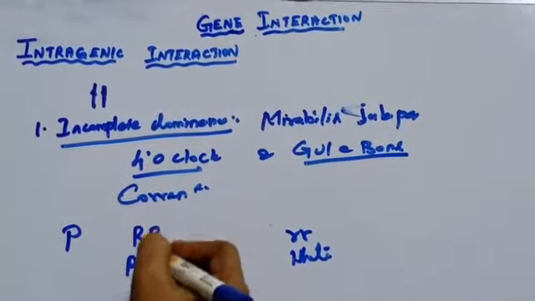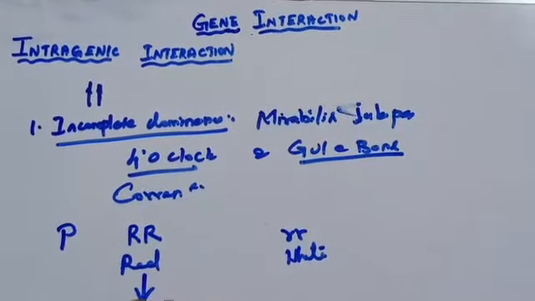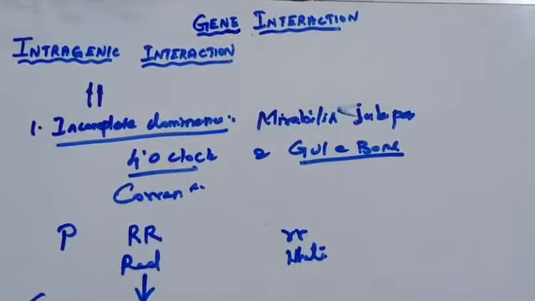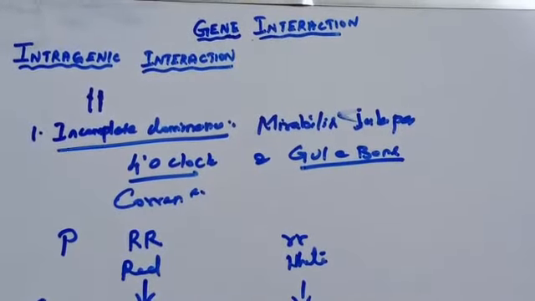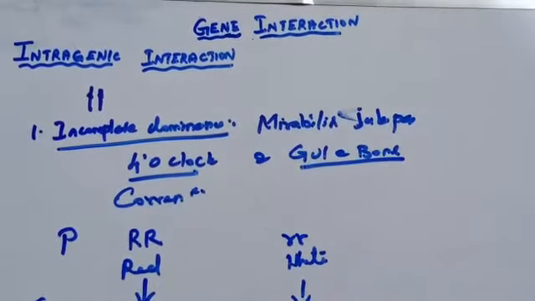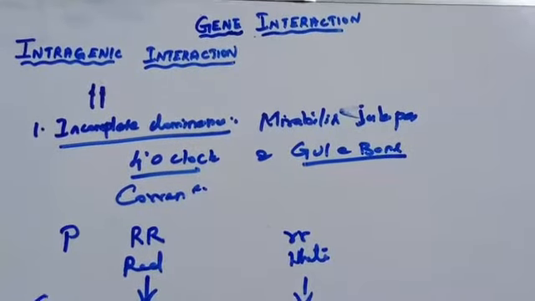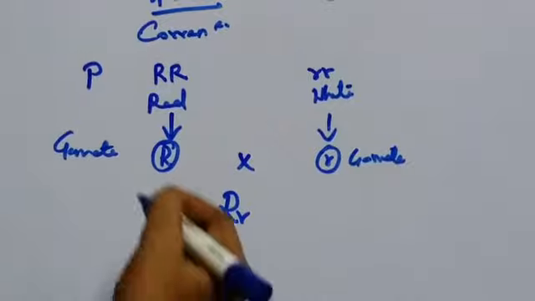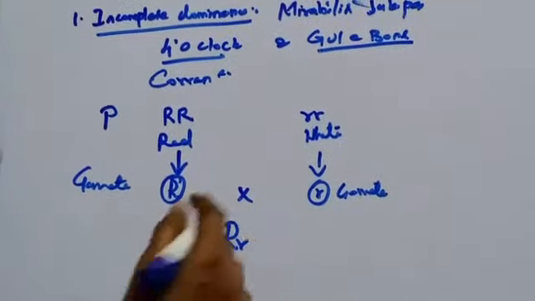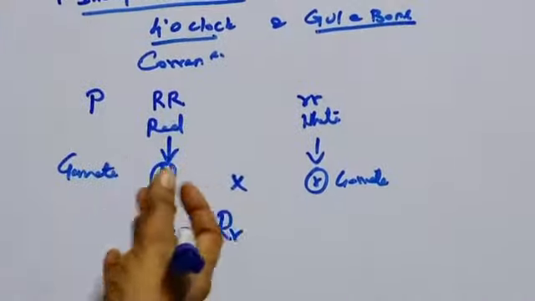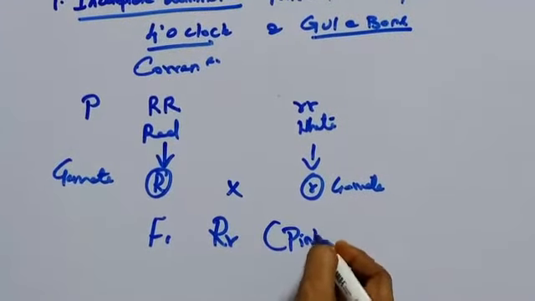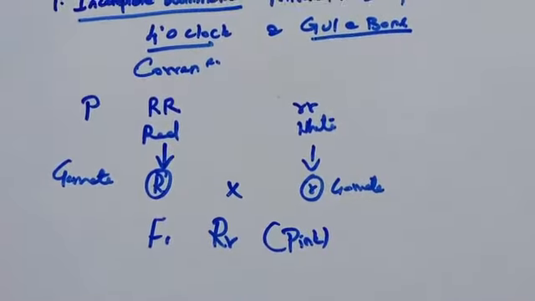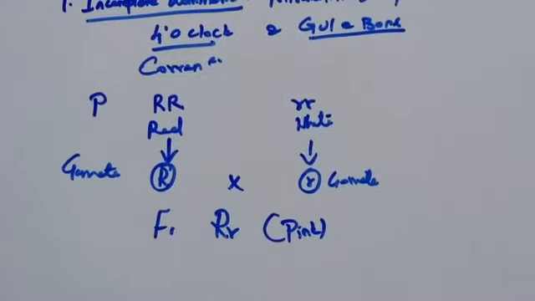And the gamete which is formed is capital R, this is the gamete, and here also gamete. When it is crossed, the F1 hybrid is neither red nor white. It is what color? Pink color. So the F1 hybrid is pink color. All are pink in color.